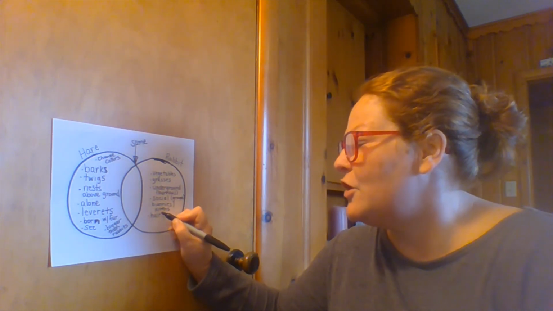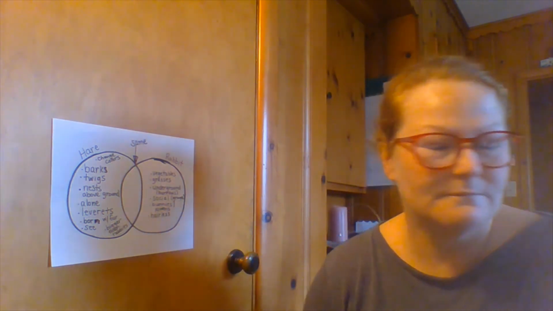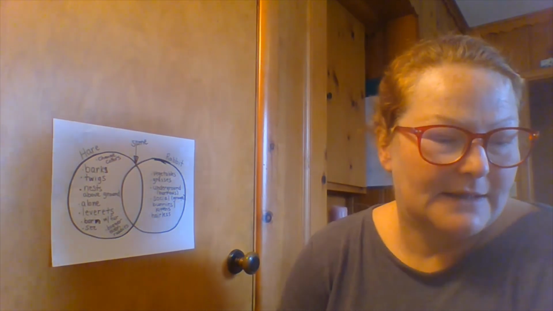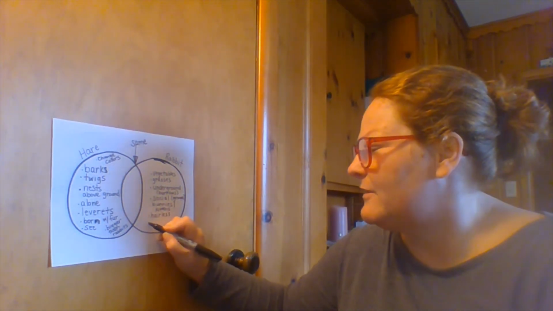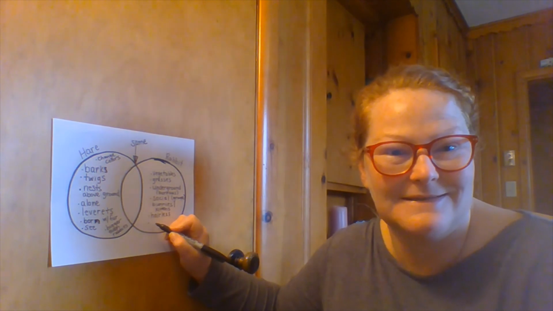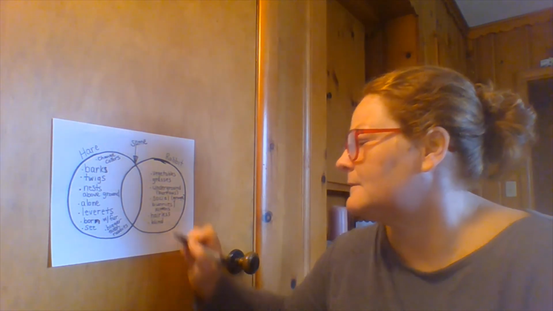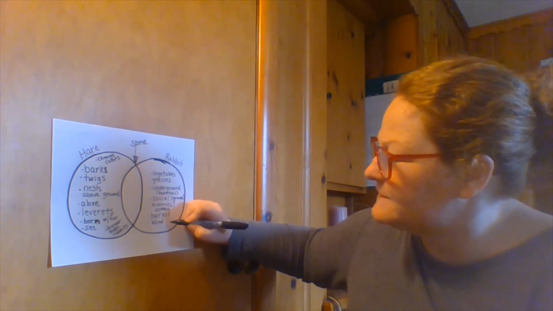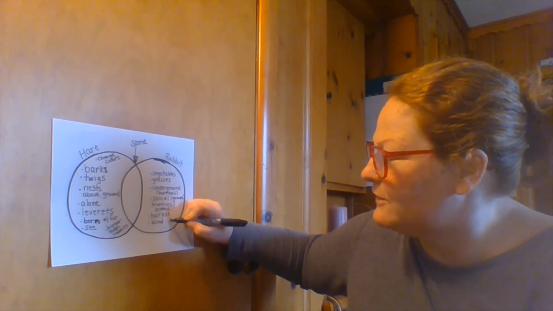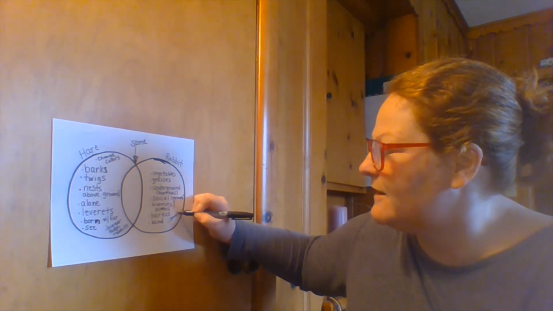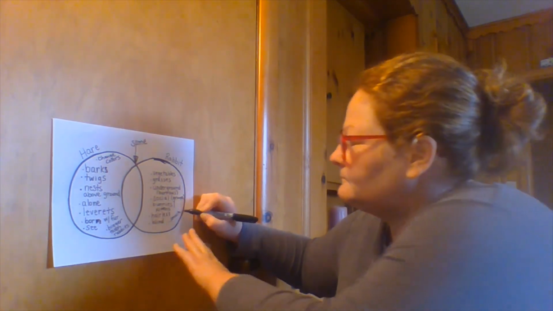So they have no fur. All right. And what else? They can't see. So they're born blind. And of course, they're smaller because we said the hares are bigger.